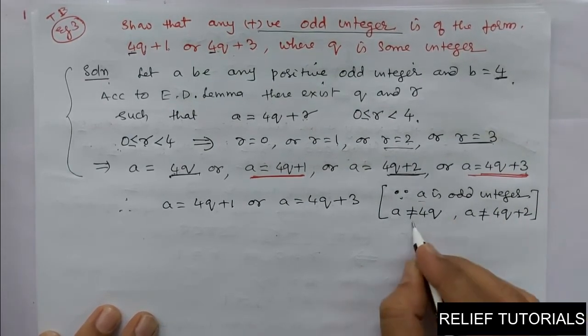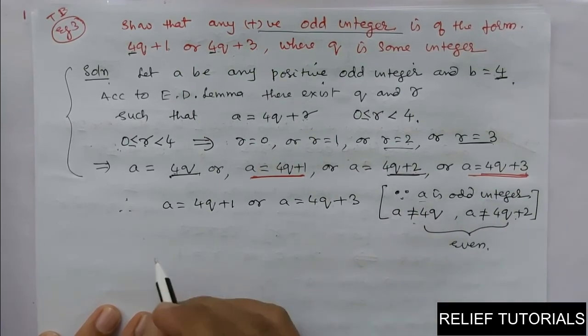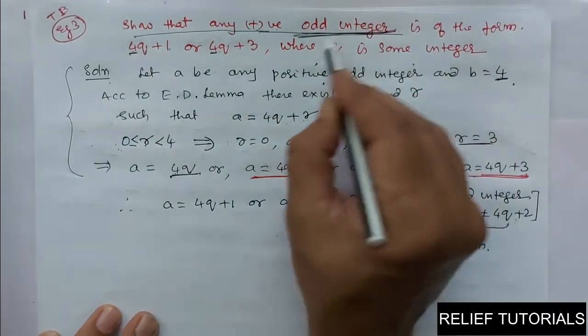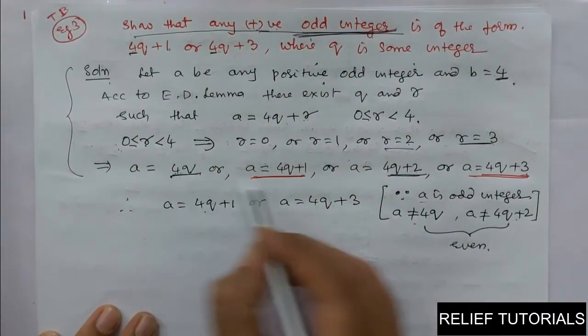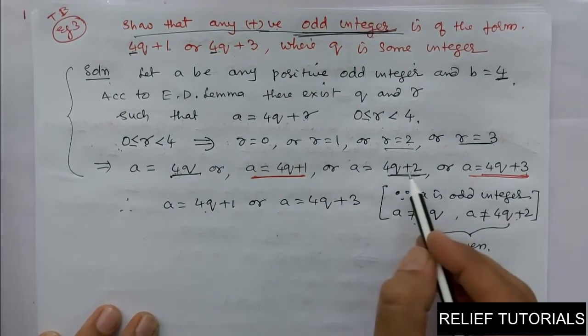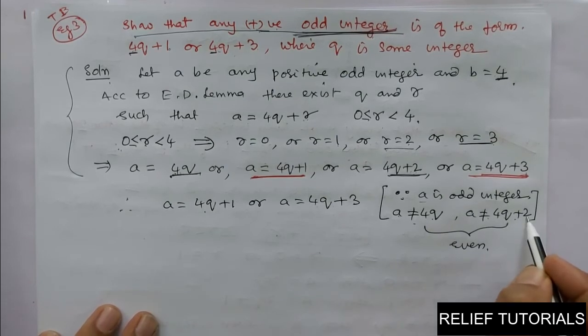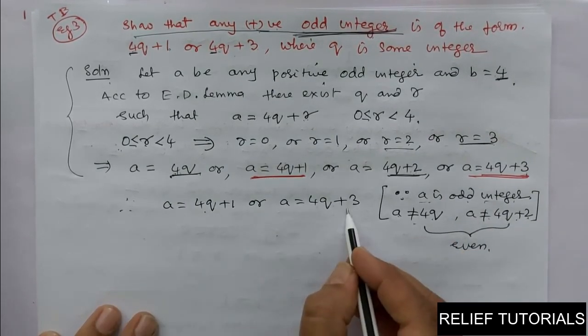These two are even. Read our question. What is given? Show that any positive odd integer. It is mentioned here, odd integer. So these two are odd, these two are even. So A cannot be 4q and A cannot be 4q plus 2, because A is an odd integer. So therefore A is equal to this.